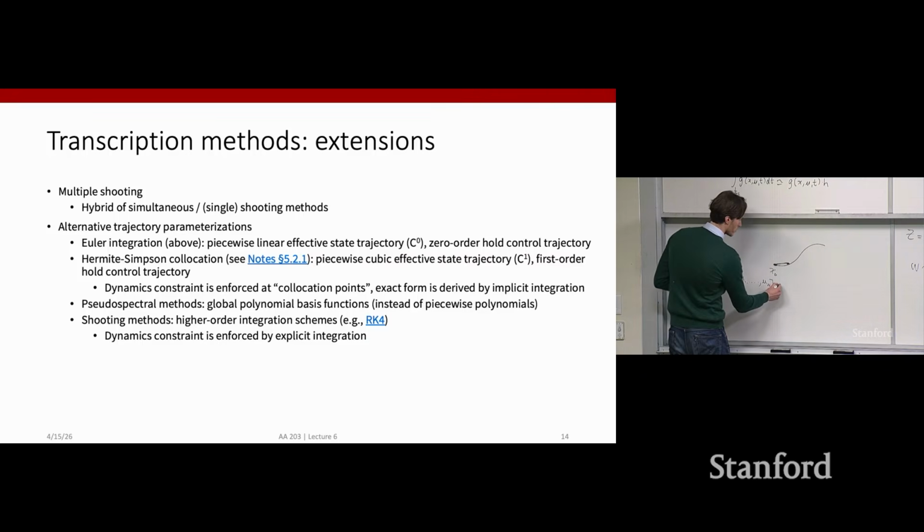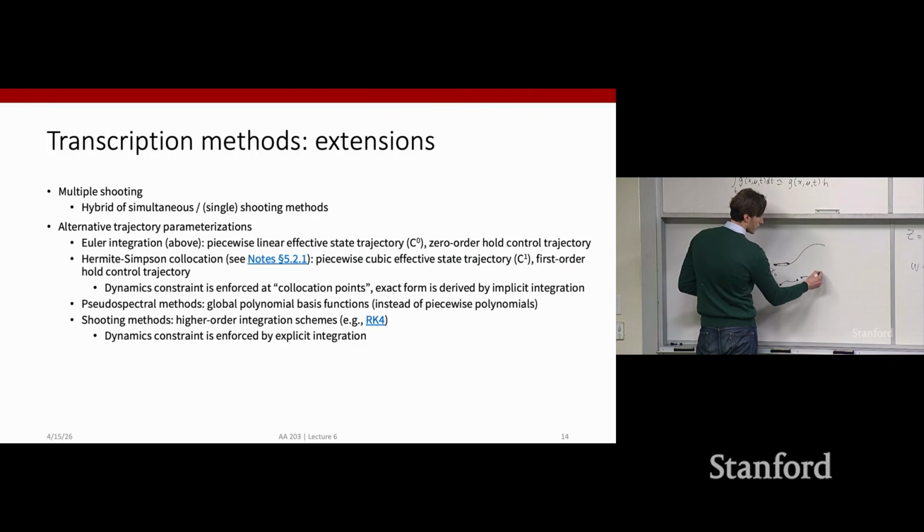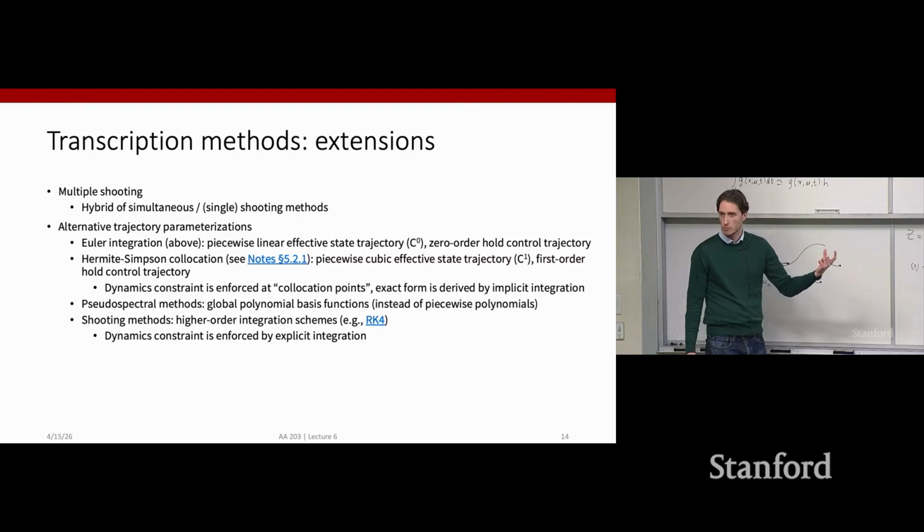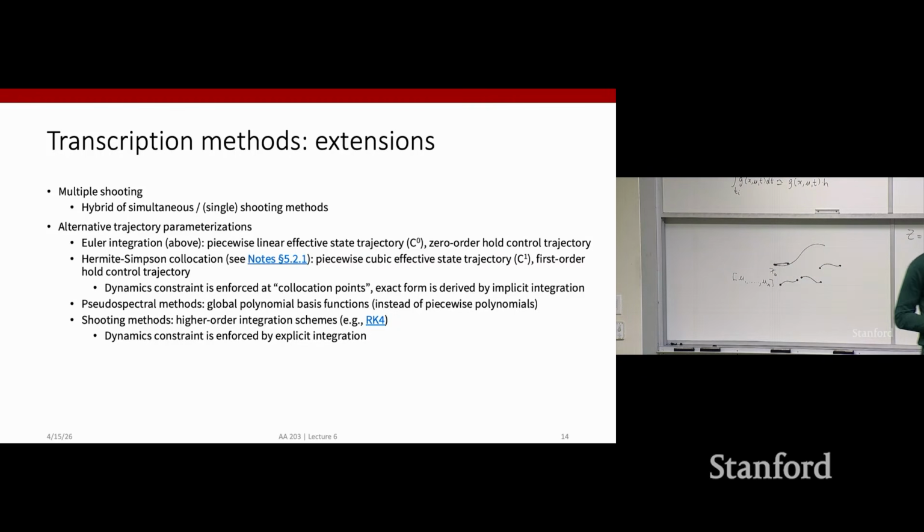So you could imagine propagating my dynamics forward in time for only some subset of the time, and then doing this again, and then again. And we introduce optimization variables at these dislocation times, and the dynamics become constraints where I want to tie these two endpoints together. Again, high-level picture, but what I meant here is that there are some hybridizations of these two approaches.